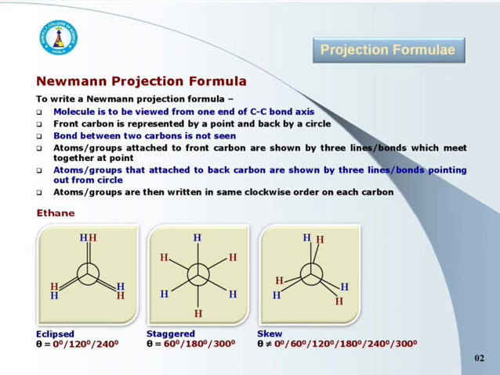The third representation is the Newman projection formula of the skew conformation of ethane. These three are the Newman projection formulas of ethane. First one is eclipsed, second staggered, and the third one skew conformation.